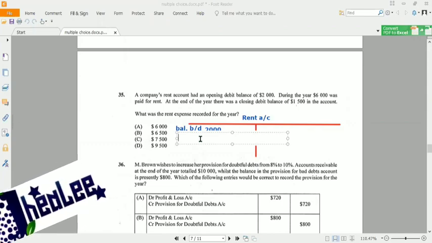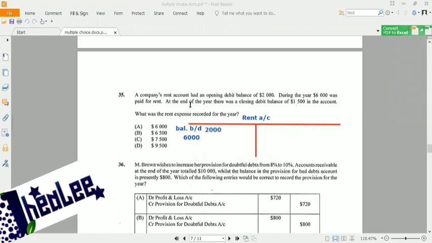Look at it: paid rent by cash. Which account will be debited and which credited? Cash will be credited, because the money is going out. And once you pay for the expense, there's an increase in the expense, so therefore you would debit. So the 6,000 is debited to the expense account.